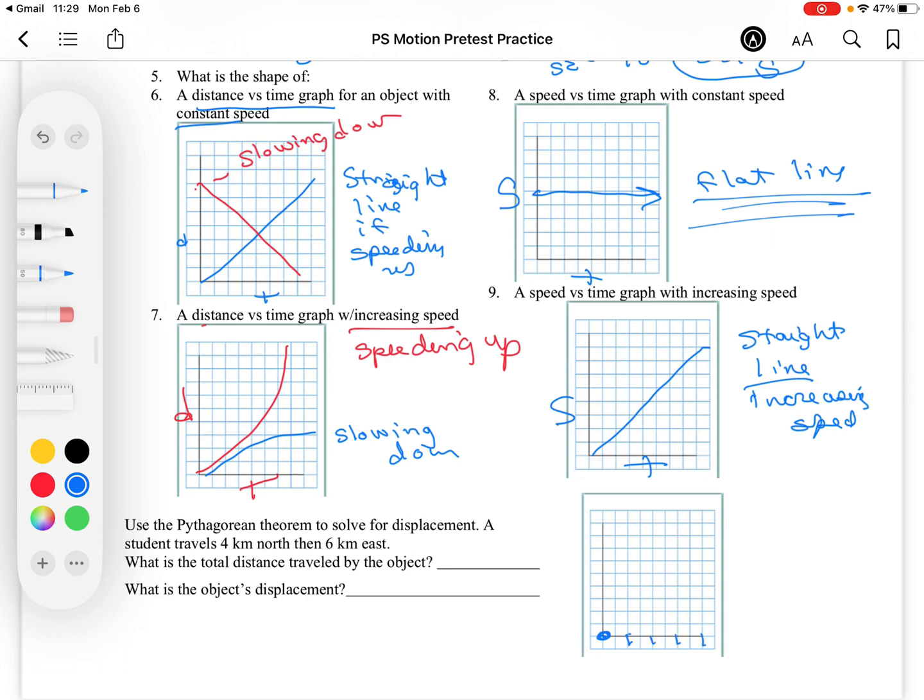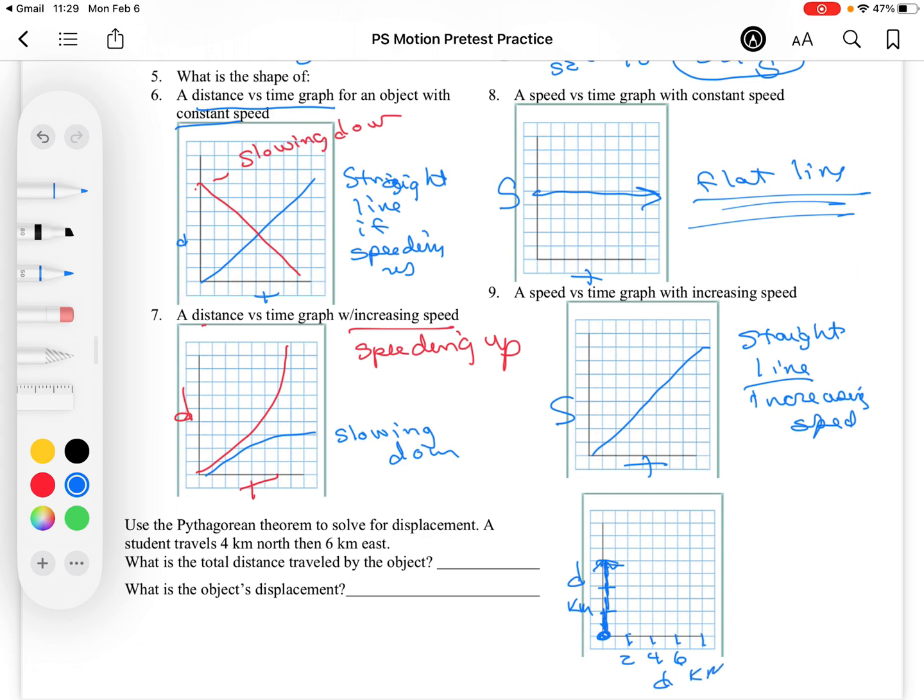The last thing on here, we're gonna draw a quick little graph. And we've got somebody who's traveling 4 kilometers north. So I'm gonna go 2, 4, and 6, 2, 4, 6.